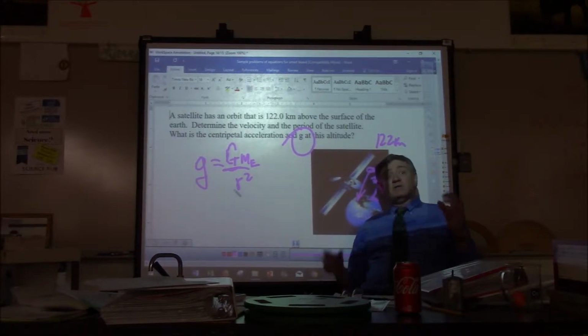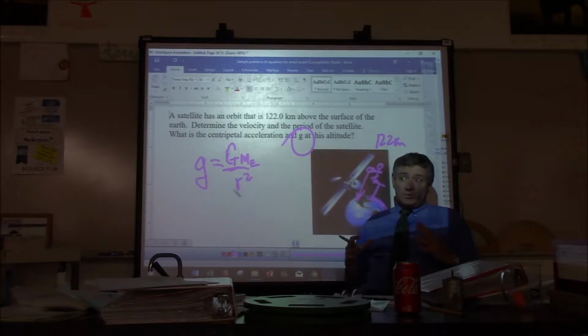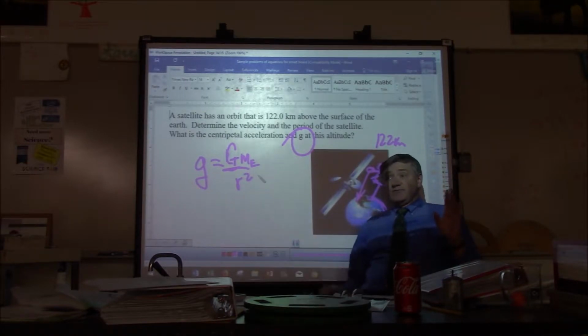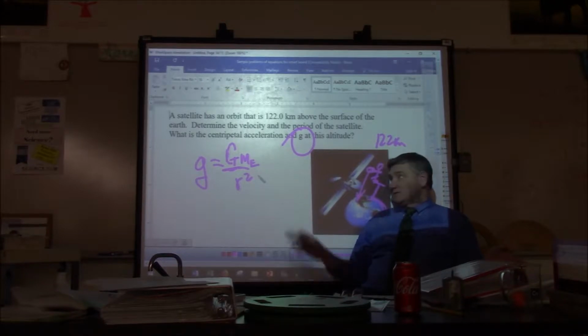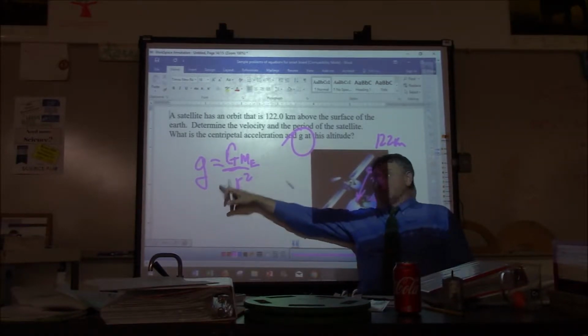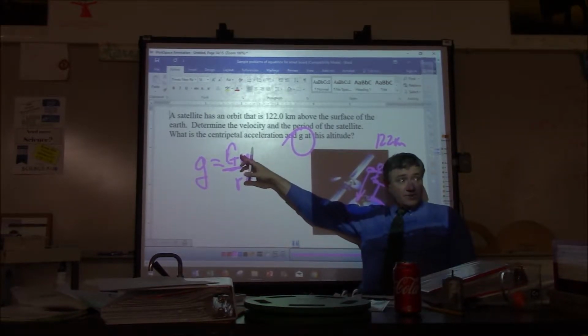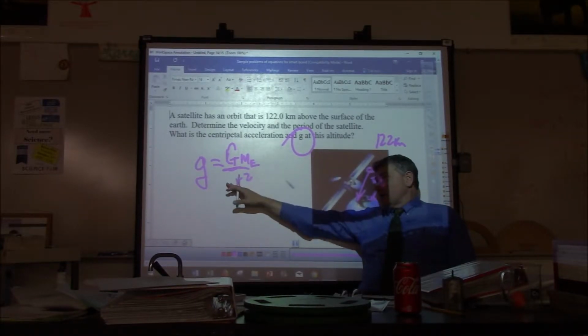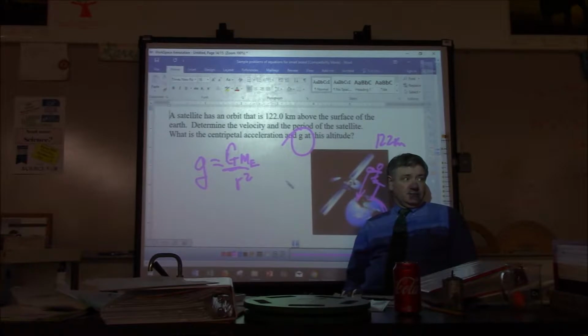It's only dependent upon the mass that you're falling towards. It's one of the most important things. This is why Galileo got the results that he did, and why I never give you the mass of what's falling, because it doesn't matter. The only thing that determines little g is the mass of what you're falling towards, the moon, Saturn, Jupiter, whatever it is, and how far away you are from it.